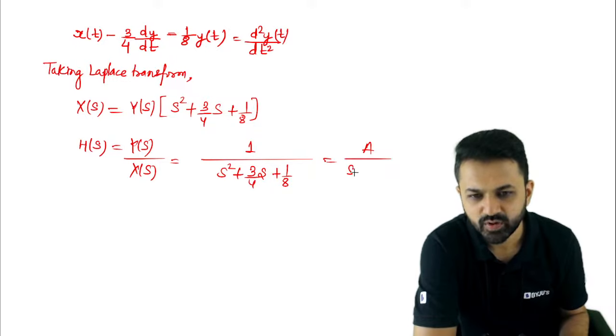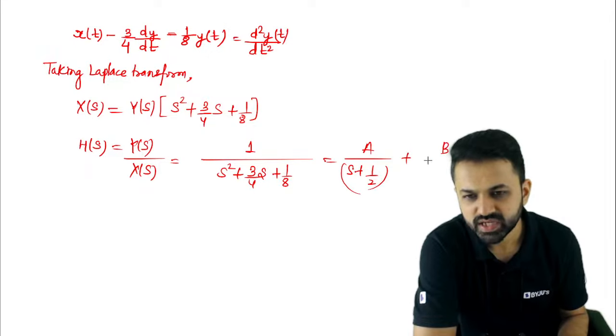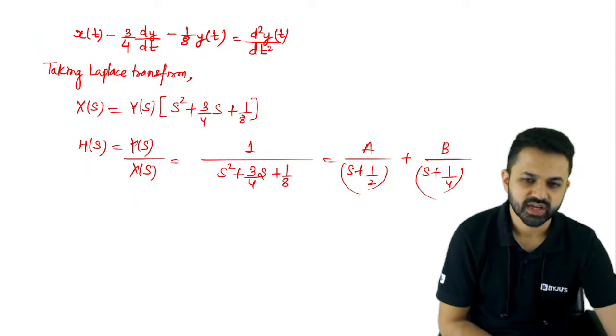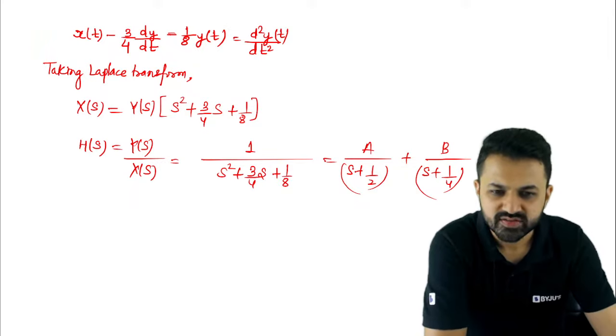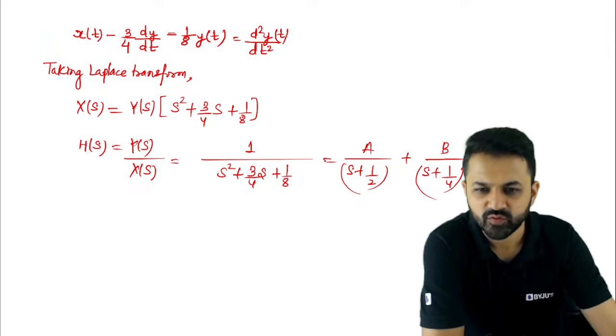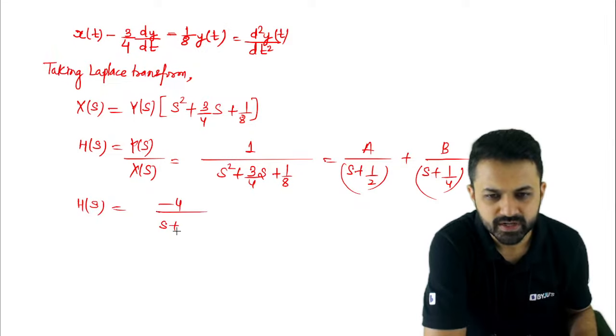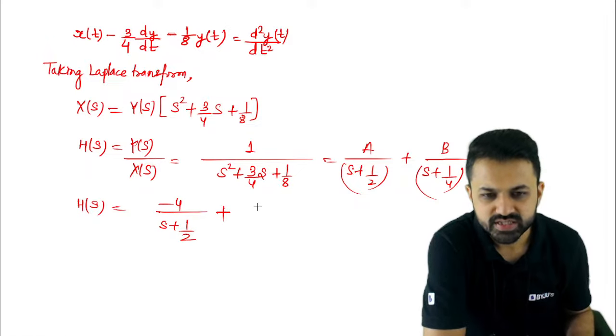This is A upon s plus 1 by 2 plus B upon s plus 1 by 4. Now you can calculate the values. Minus 4 and 4 are coming: minus 4 upon s plus 1 by 2 plus 4 upon s plus 1 by 4.